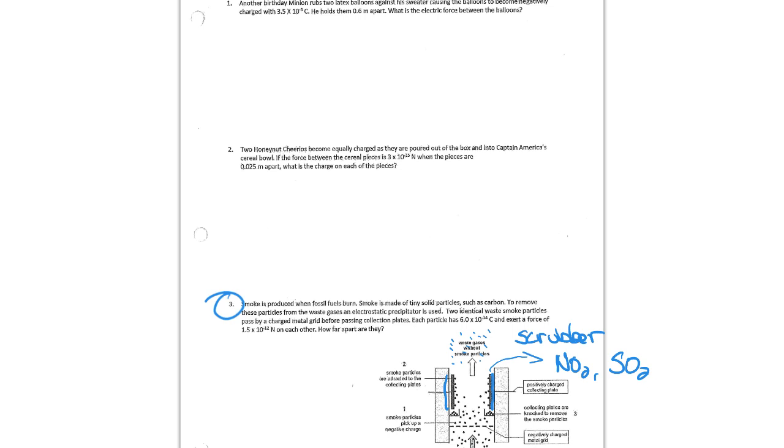What it does is it creates positive and negative charges, and the particles will start sticking to them. And all of a sudden, they stick, they fall down, they're captured, and it's better than putting it into the atmosphere. Arguably, let's just start reducing fossil fuels and make our electrical system, our energy grid, more green. But there will be a place for fossil fuels for the foreseeable future.